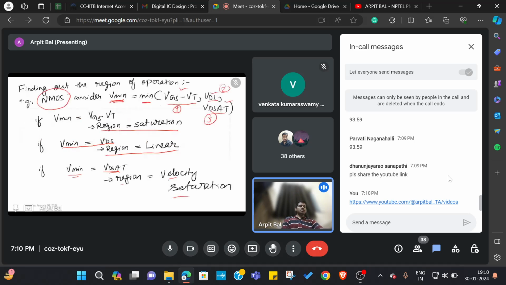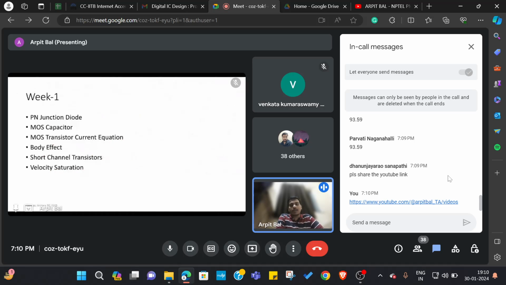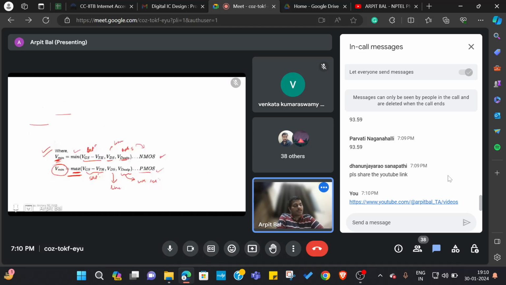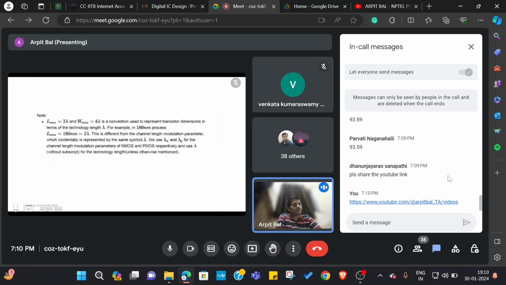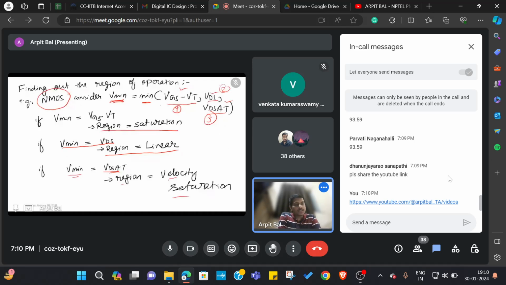Today's session we started with the important equations that are needed. The next thing: how to determine the region of operation from Vmin. We basically take the minimum of these three things, VGS minus VT, VDS and VDSAT, if the device we are using is an NMOS. If the device is a PMOS, we need to figure out the maximum of these three.